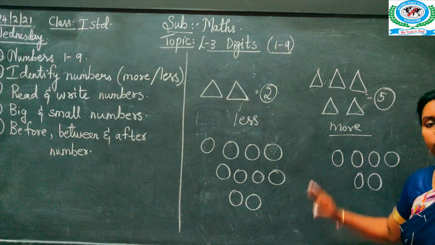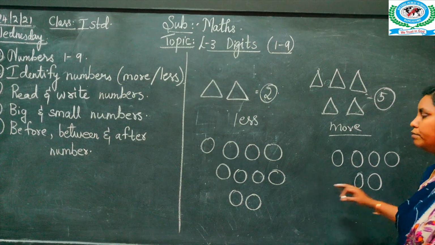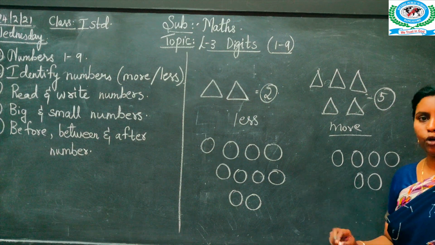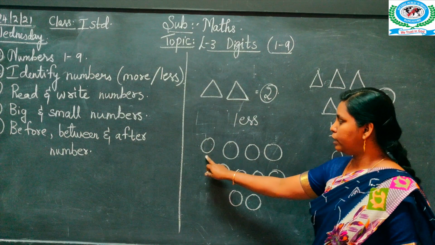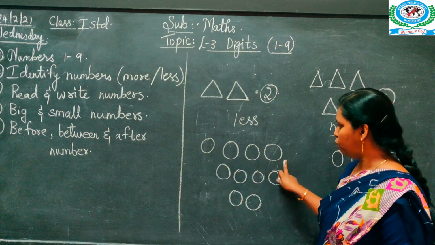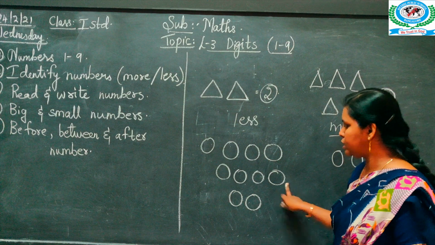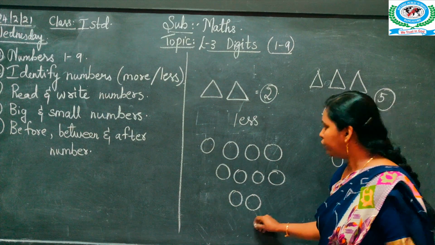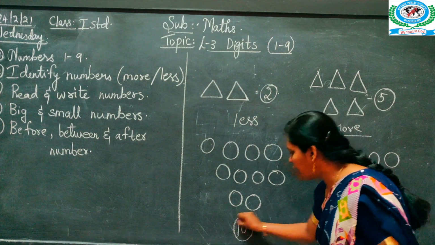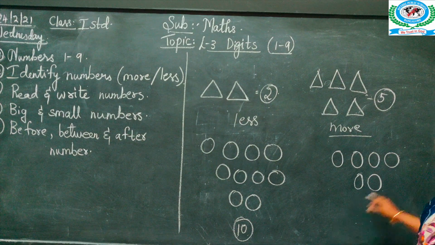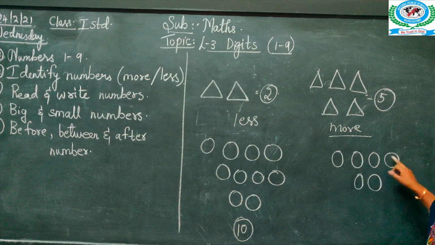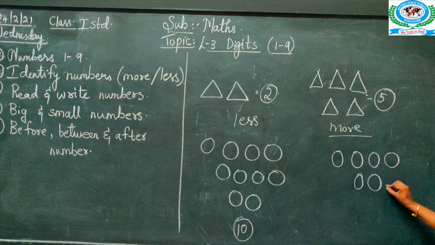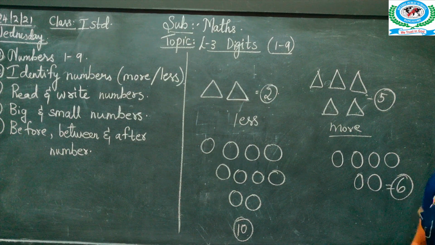First what you will do to find out which is more, which is less, first we will count the number of objects. So here I am counting it 1, 2, 3, 4, 5, 6, 7, 8, 9, 10. So we have 10 objects here, and here 1, 2, 3, 4, 5, 6. We have 6 objects here.